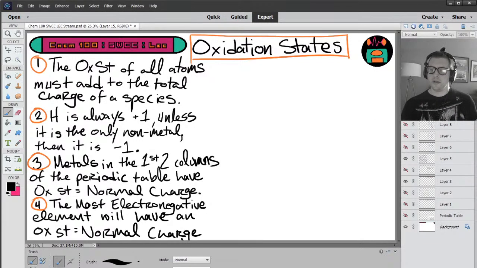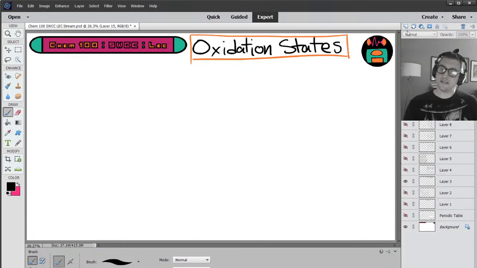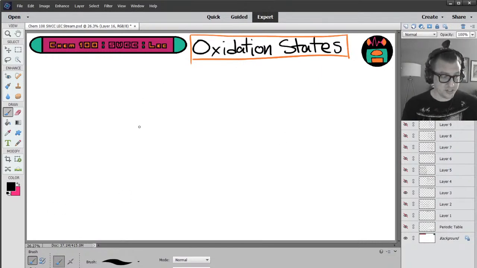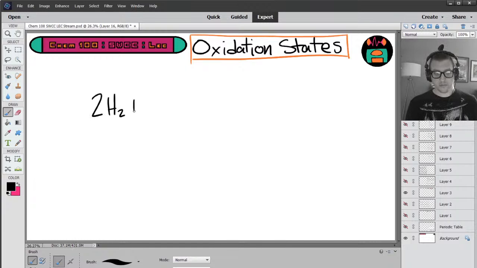Now that we know a little bit about oxidation states, let's revisit that redox reaction that I showed you at the end of last class. The one for the combustion of hydrogen.